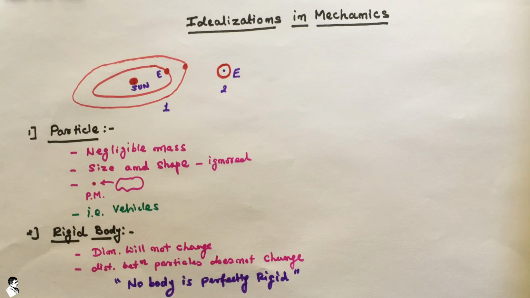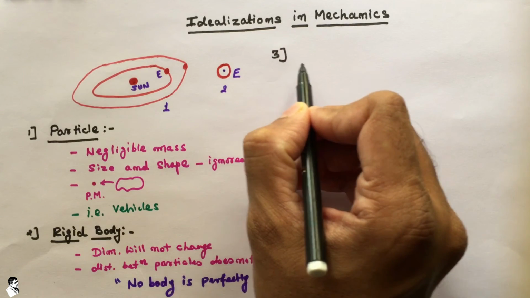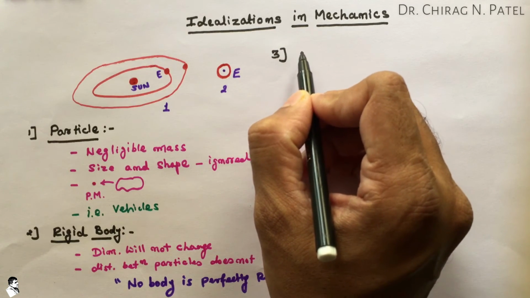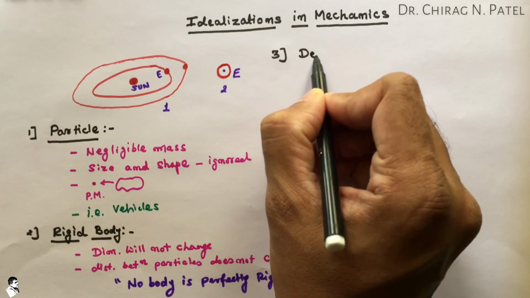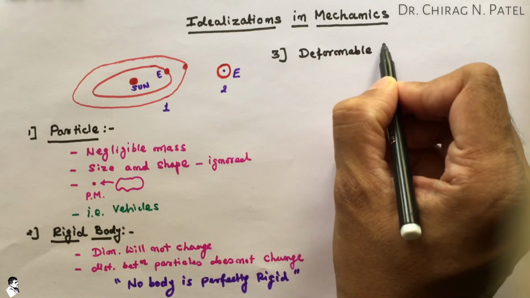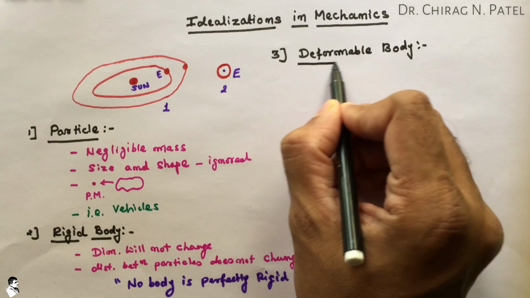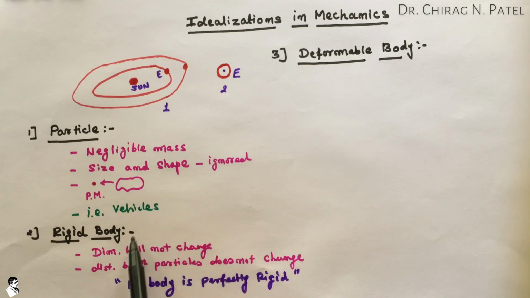Now if we go further, we take a third one, which I think is exactly opposite to the rigid body idealization. This is deformable bodies. As we discussed, in a rigid body there will be no dimension change and no change in the distance between the particles after the application of force.